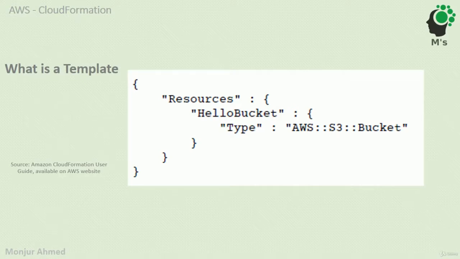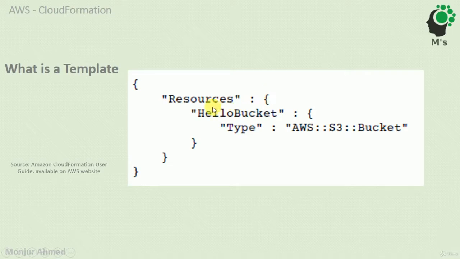As I said, it's very easy to understand. It's very easy to learn JSON, and even if we don't know JSON, it should not be a big deal to understand what we are talking about. If you look carefully, this is the standard template that you need to follow. I won't be very technical here, but if you know a bit of programming, then you know that this is one block, from here to here, and within this block we have sub blocks.